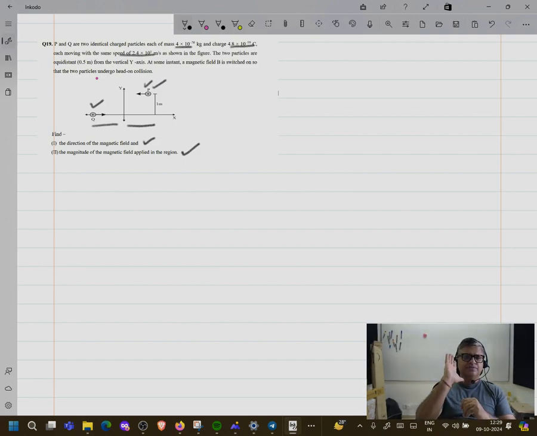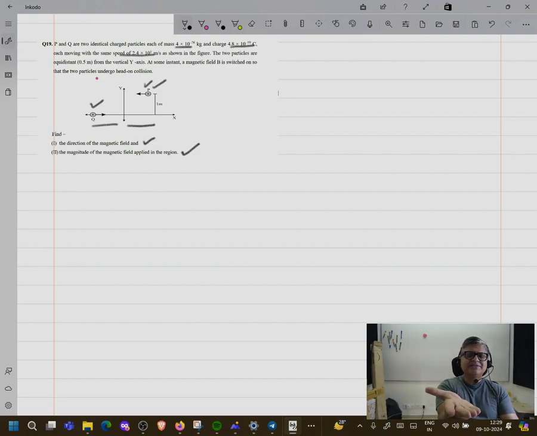of the force using my right hand rule. Keep your palm parallel, facing the ceiling. The direction of my palm is the direction of the magnetic field. So my magnetic field is going inside. The thumb represents the direction of the velocity.